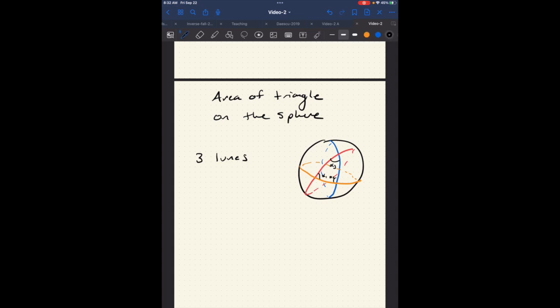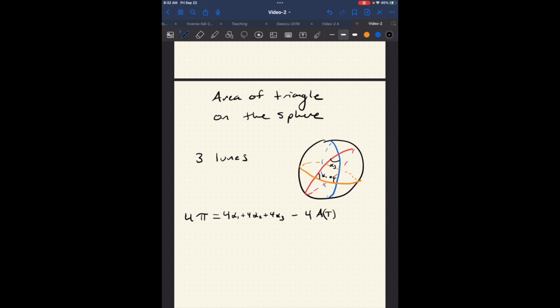So the area of our triangle relates to these interior angles. We know the total area of our sphere is 4 pi, and that's equal to our 3 lunes, so 4 alpha 1 plus 4 alpha 2 plus 4 alpha 3. But we're counting a bit too much because we're covering our triangle 3 times on the front and 3 times on the back, but we only want to cover it once, so we'll get minus 4 times the area of our triangle here.